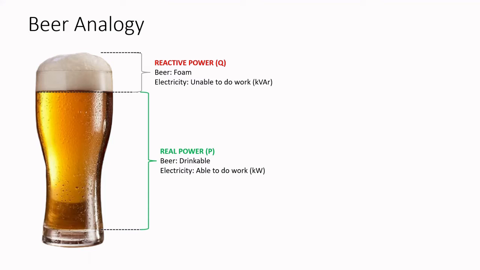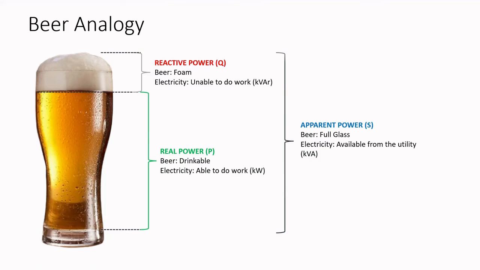This represents our reactive power, measured in kVAR, which there will always be due to the inductive or capacitive elements in the circuit. The combination of these, kilowatts and kVAR, the drinkable beer and foam, is our apparent power, measured in kilovolt amps and represented by the whole glass.